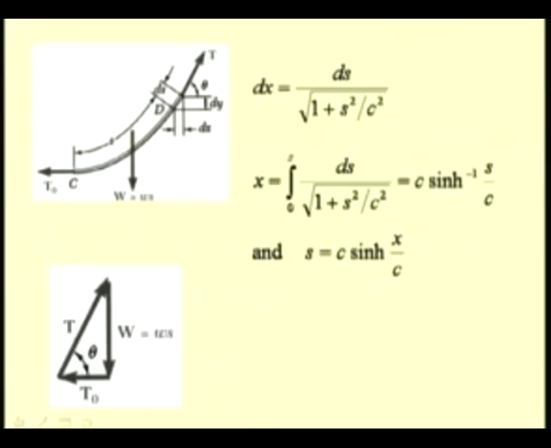So, the integral is 0 to s ds by root of 1 plus s square by c square, which is equal to c times sine hyperbolic inverse s by c, or rewriting this we have s equal to c sine hyperbolic of x by c. So, this equation relates the horizontal coordinate x to the path coordinate or the length of the cable s.